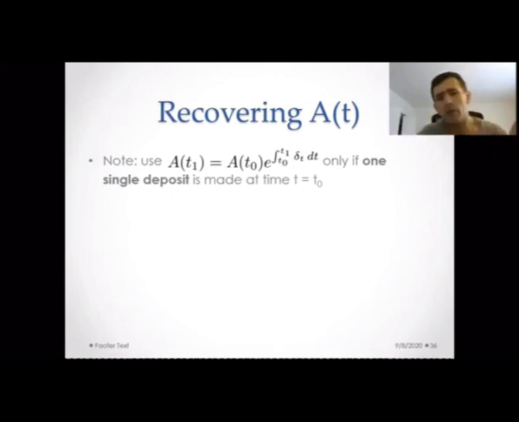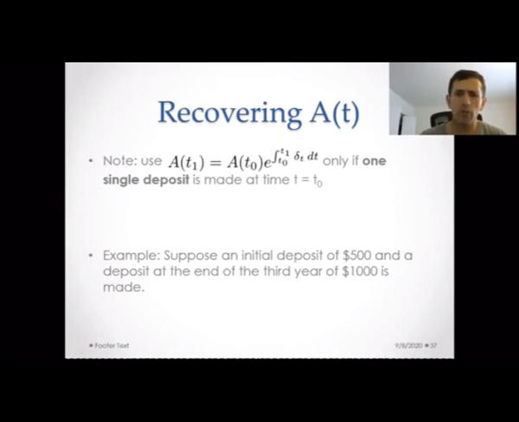So if you have a problem with multiple deposits or withdrawals, you break it up into problems involving one single deposit. And I'll do an example. What do I mean by that?